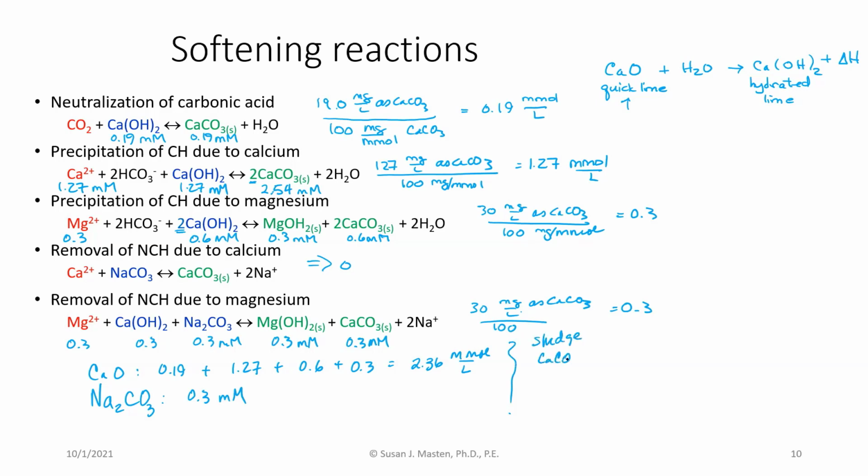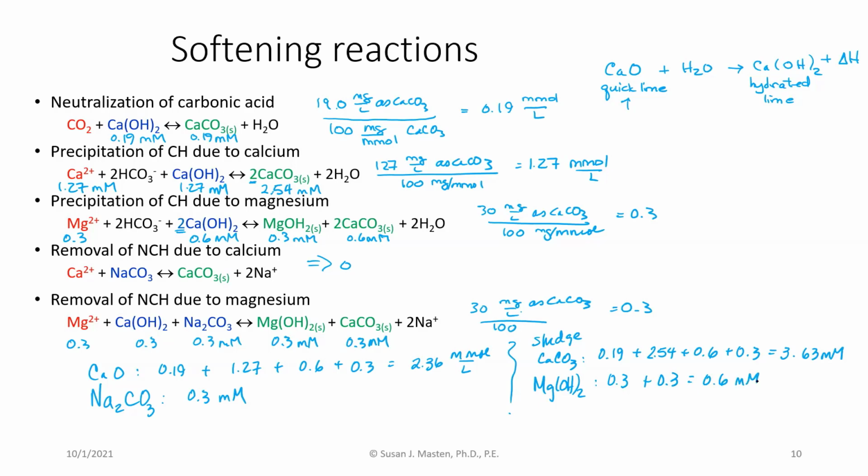So for calcium carbonate, we've got 0.19 plus 2.54 plus 0.6 plus 0.3, and that is equal to 3.63 millimolar. And then for magnesium hydroxide, that is equal to 0.3 plus 0.3, or 0.6.